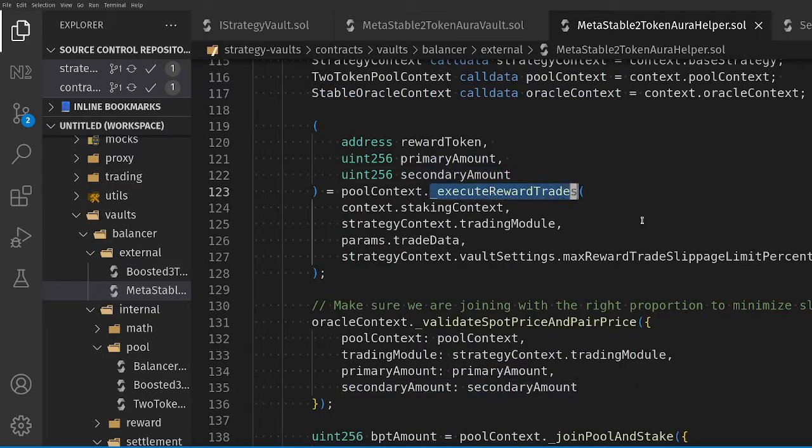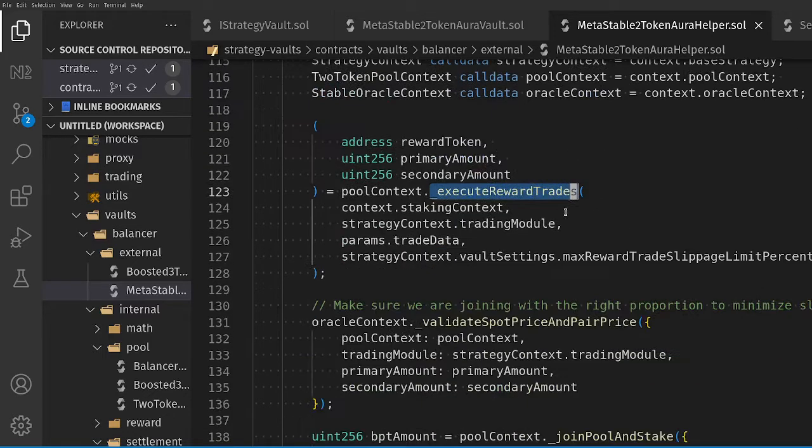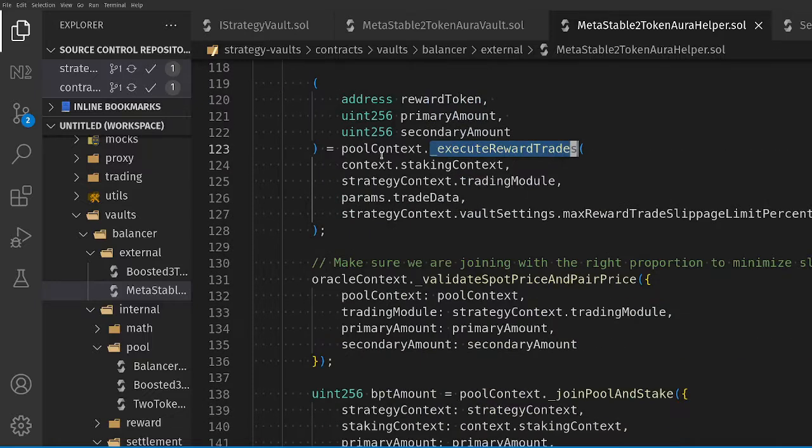So this is going to be called by a bot. It's going to come into this method with some trading parameters that it has, and we're going to go ahead and claim the reward tokens and execute a number of trades.